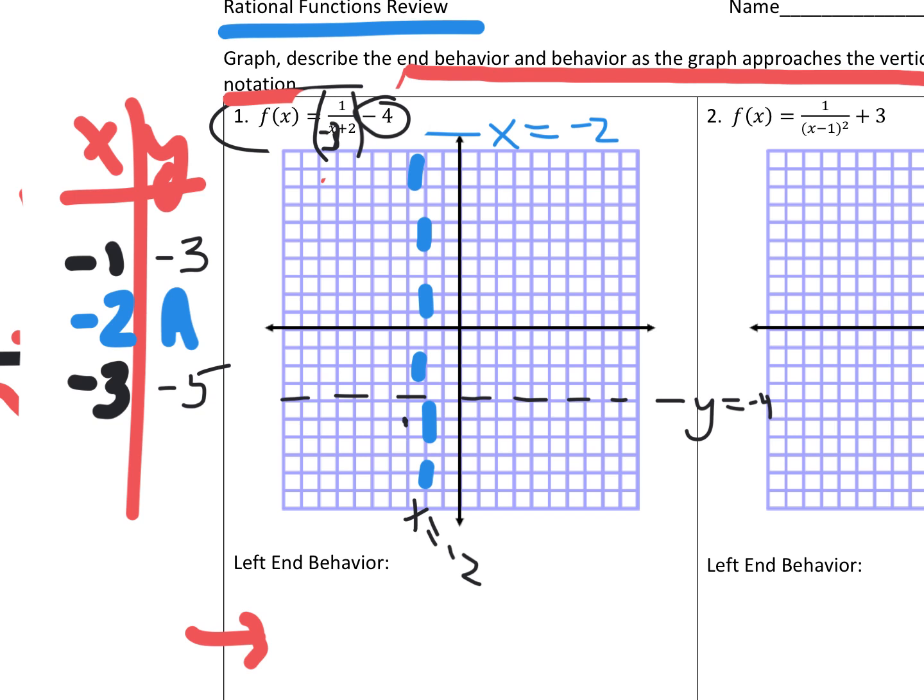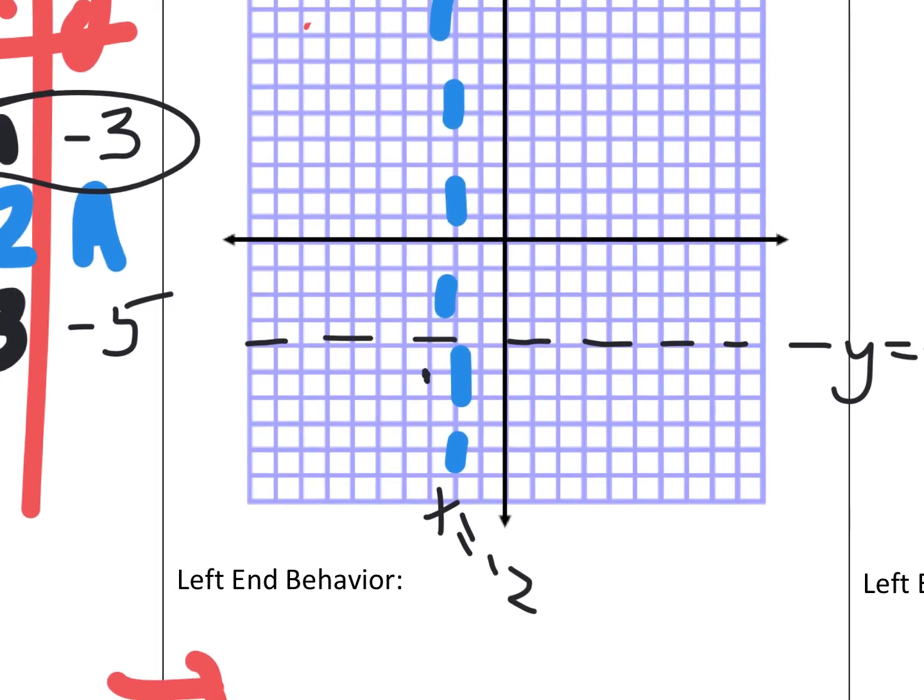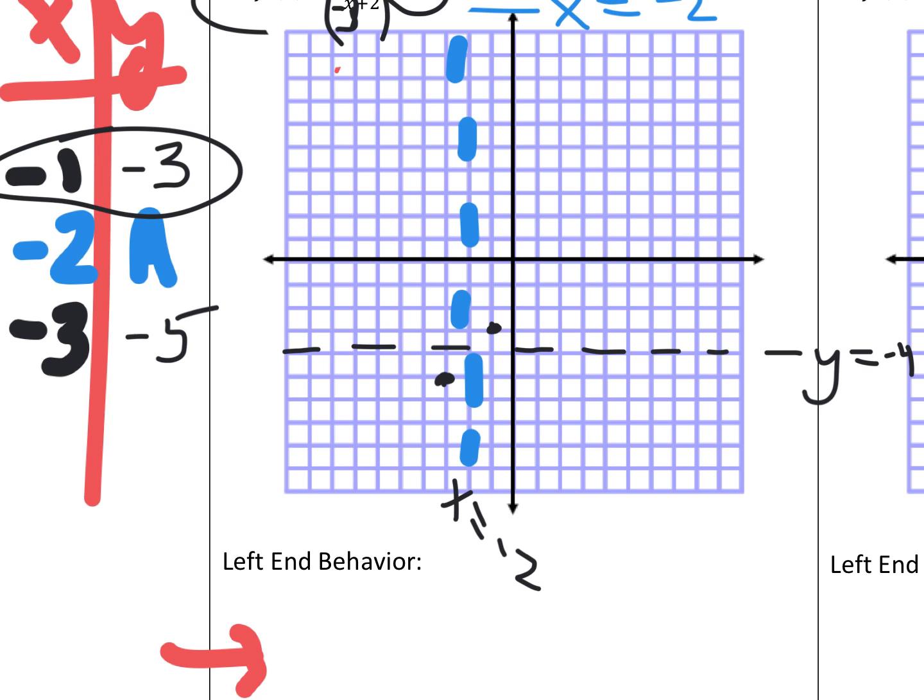You were right, I was graphing it in the wrong spot. -1, -3 is actually 1 to the left and then down 3. So that's right there. And the other one I just graphed, -3, -5 is right there. And so now, there we go. And there is my graph.